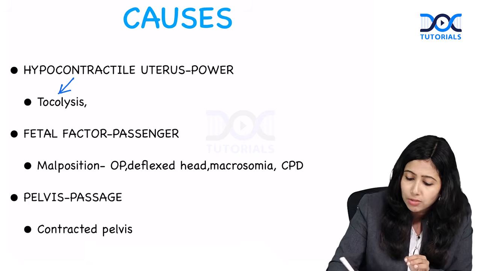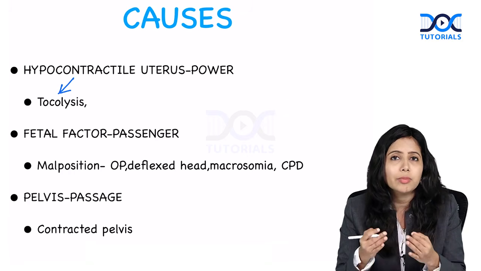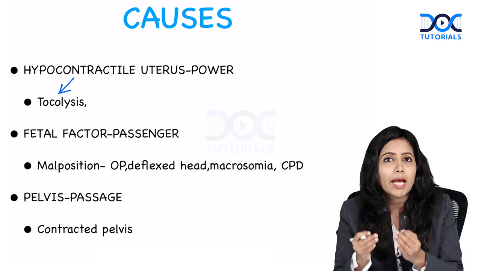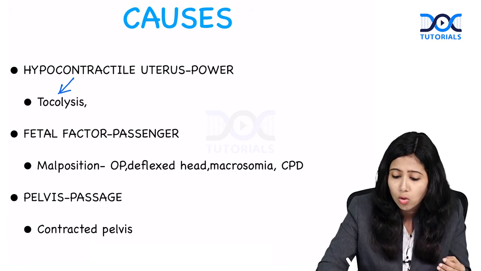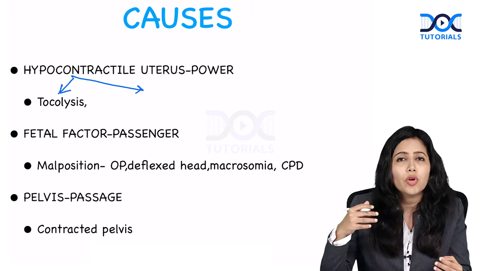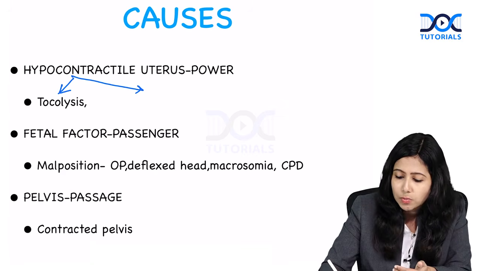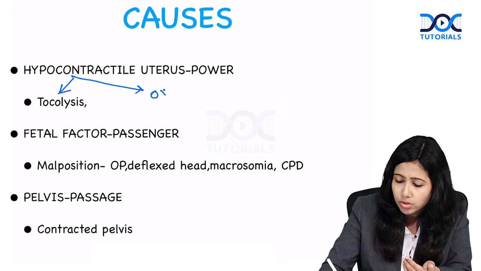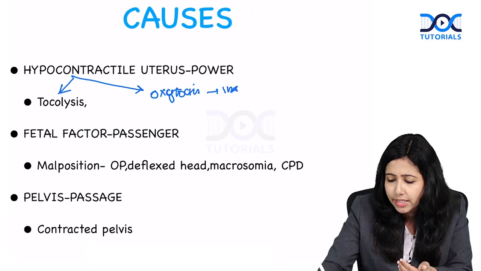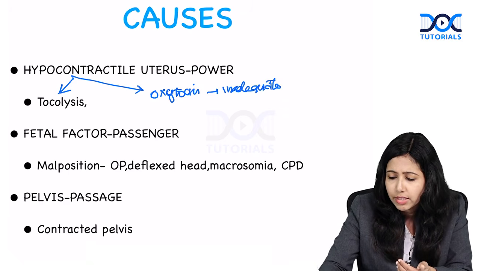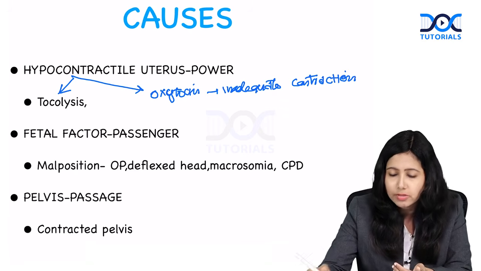Either she has received some tocolysis, which are the medicines that help to relax the uterus, or the patient is not contracting despite giving adequate oxytocin. She is still having inadequate contraction.